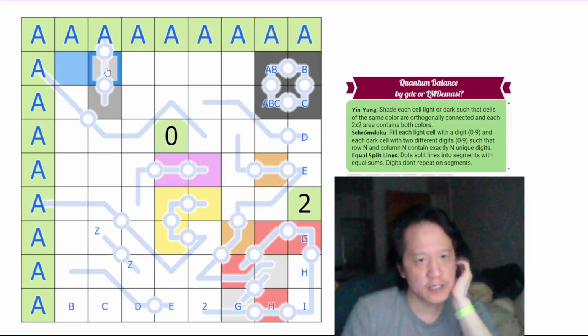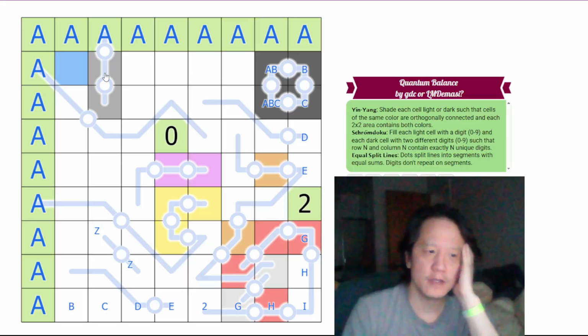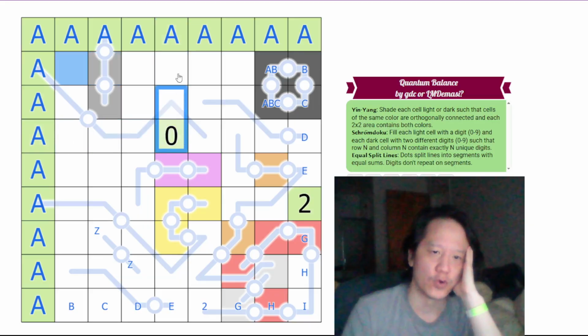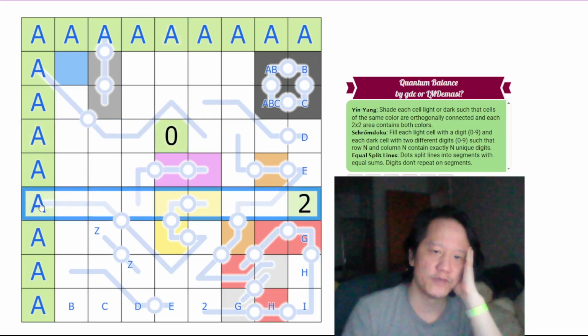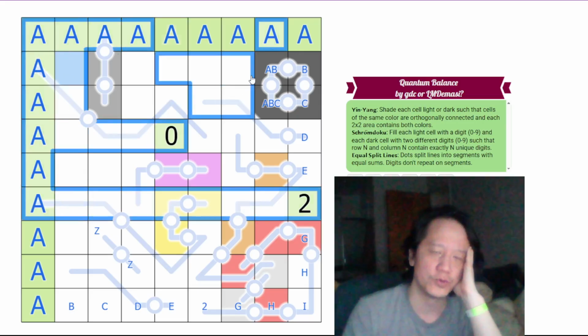This could technically be A and B if B is 0. And one of the digits in the first 4 is going to be 0. One of the digits of the first 6 has to be 2.